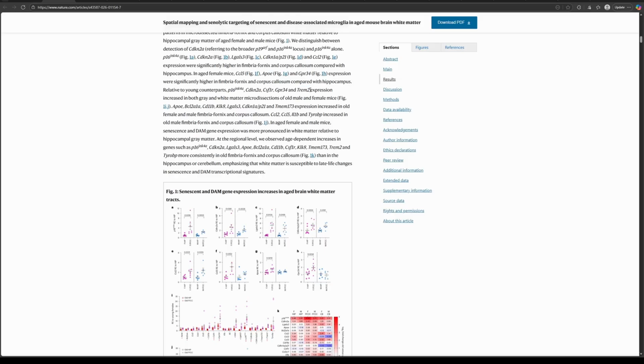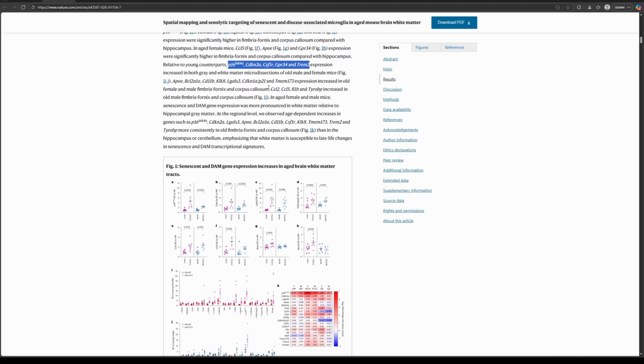So this being expressed more in the older counterparts is essentially saying that these genes are more expressed in the older mice than in the younger mice, which may be related to these pathways we've looked at before in the study that have been shown to cause senescence. So these genes were more expressed in old female and male fimbria fornix and corpus callosum.